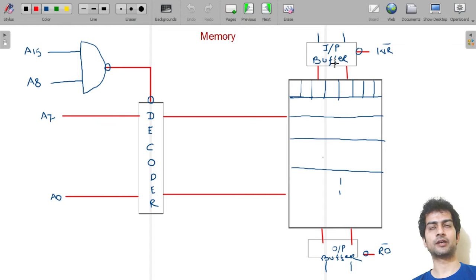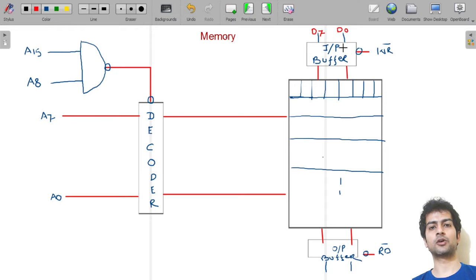Then we have the input buffer here. What is its role? Whenever a microprocessor wants to write data in a memory, the data will not directly come inside the memory.